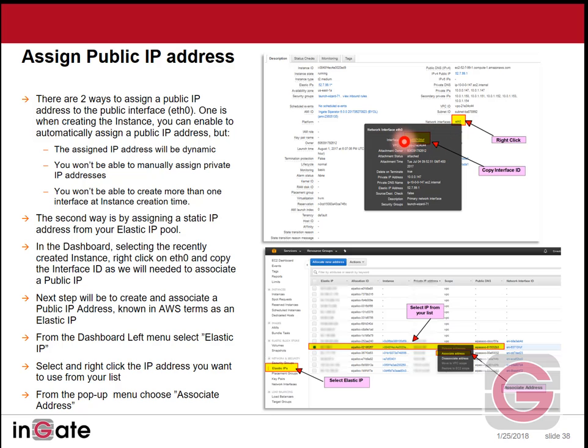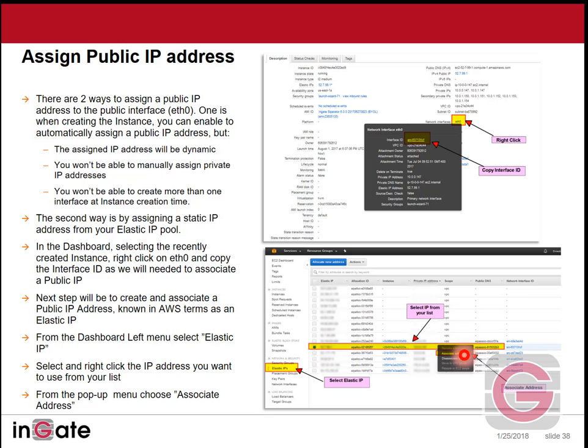You just need to click on Ethernet 0 on the dashboard. I'm going to show you live for better understanding, and just copy this value. Then we go to the Elastic IP section, select which IP address of your pool you want to assign to this instance, and then you are going to associate.